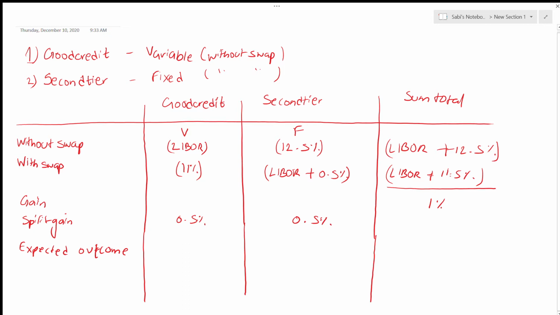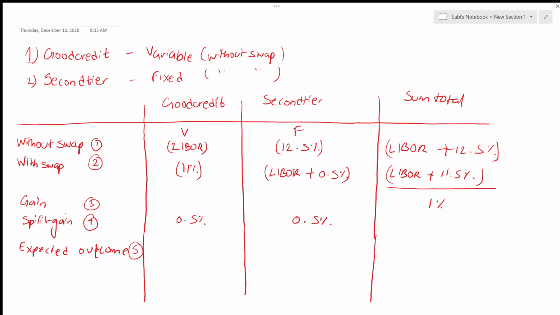I am writing numbers here. 1, 2, 3, 4. That 3 is for that 1% and 4 is the split gain. And this expected outcome is 5. I'm putting numbers so that when I say 1, 2, you should be able to understand which line I'm talking about.